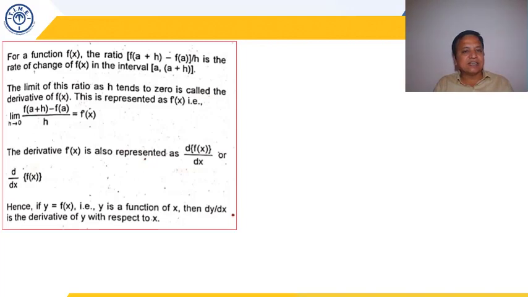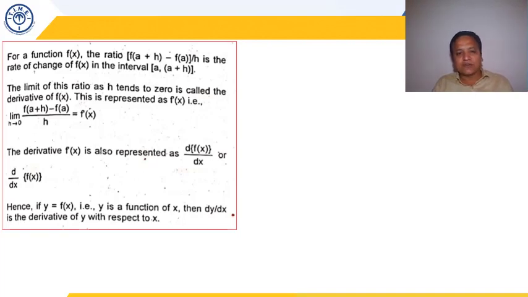This is represented as f'(x), that is limit h tends to 0 of f(a+h) minus f(a) divided by h. The derivative f'(x) is also represented as d/dx of f(x), or simply d/dx bracket f(x).